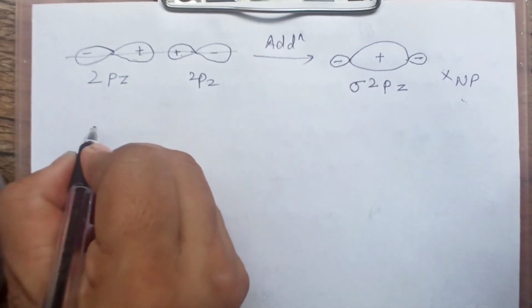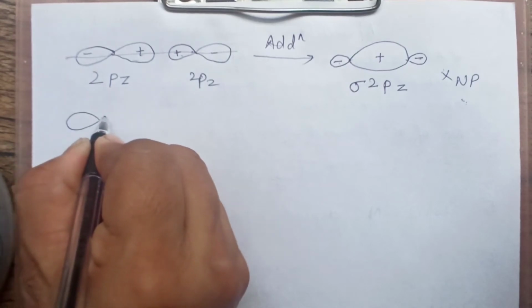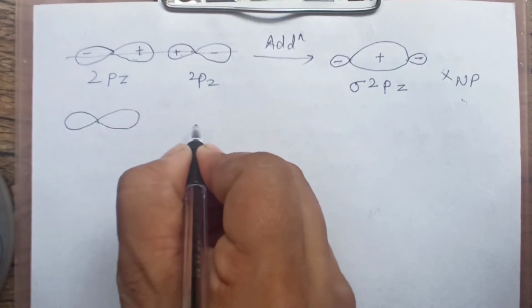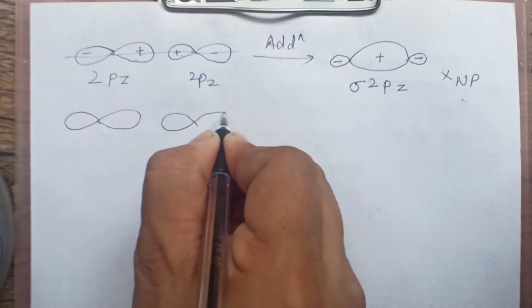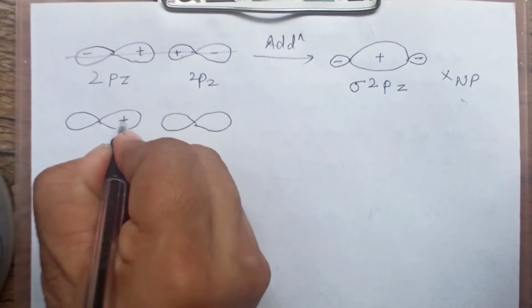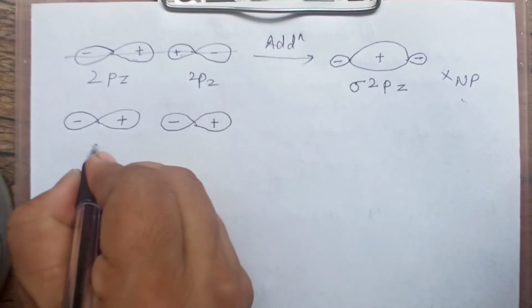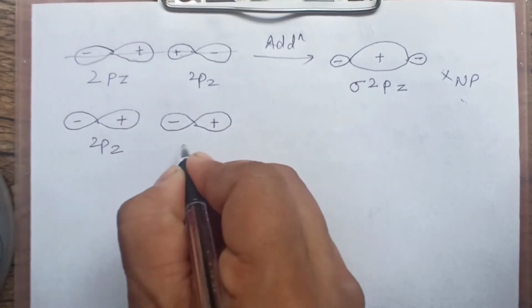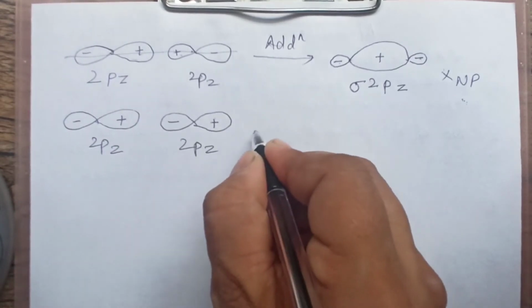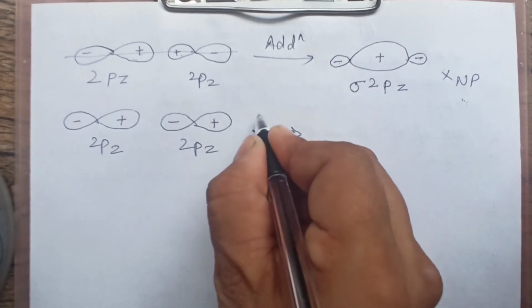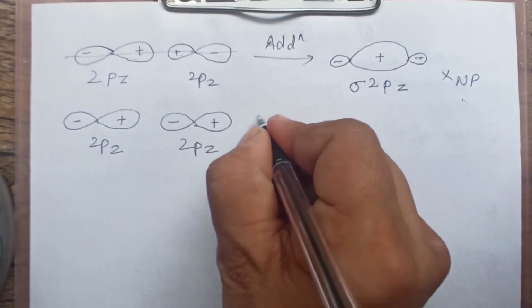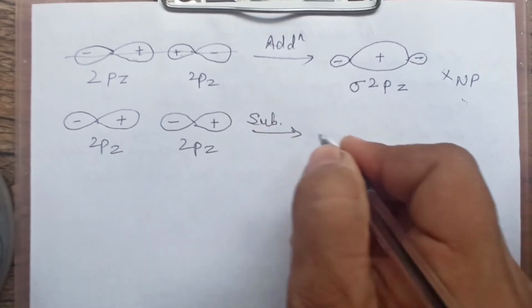Okay, now when sigma 2pz and sigma 2pz, as I said, the two atomic orbitals should be combining and forming two molecular orbitals. So if it is overlapping like this, it is also 2pz of one atom, 2pz of another. Now there is subtraction we are going to show. That is destructive interference in other terms, which we just discussed.